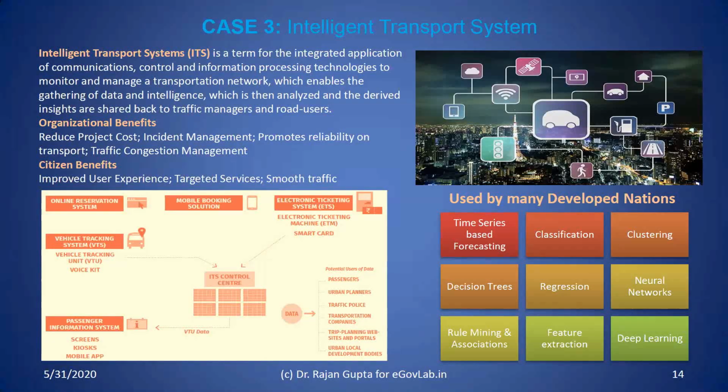We have advanced concepts like neural networks. We have data mining techniques like rule mining and associations. We have feature extraction, and we also have deep learning technologies that are used with the data generated through the transportation network to mine patterns. So again, this is an important case study that is being used worldwide by governments.